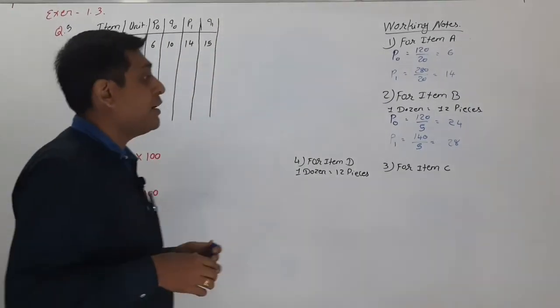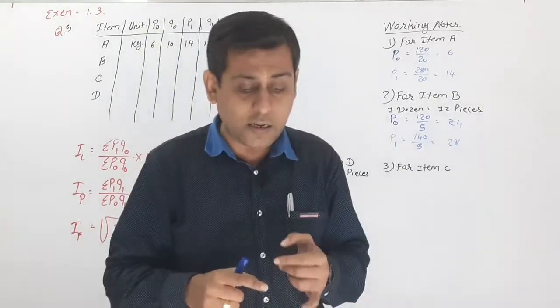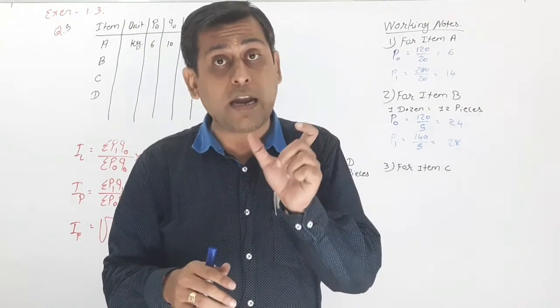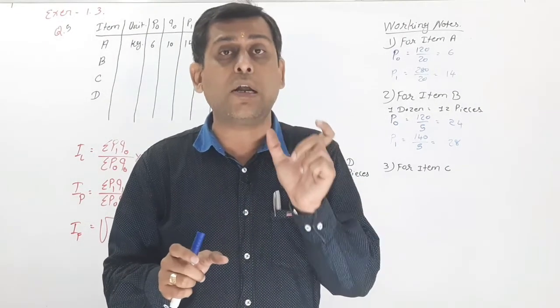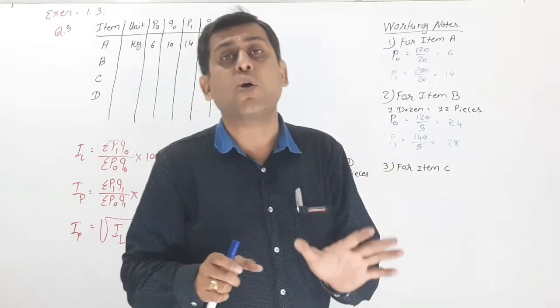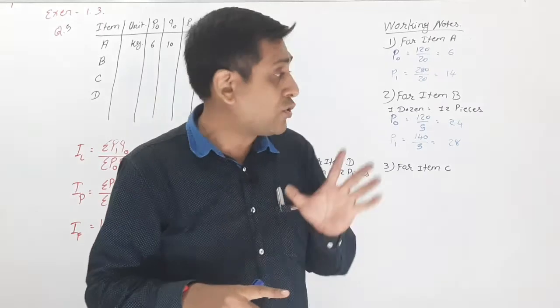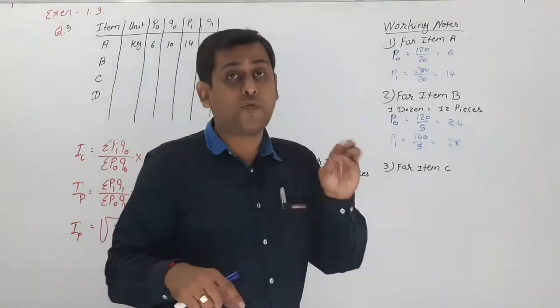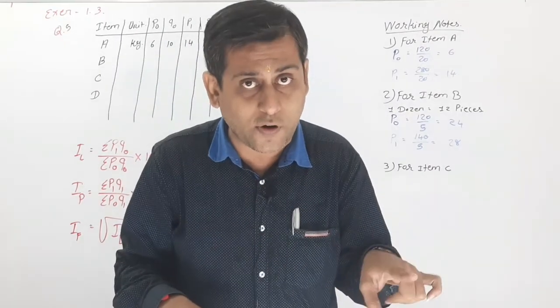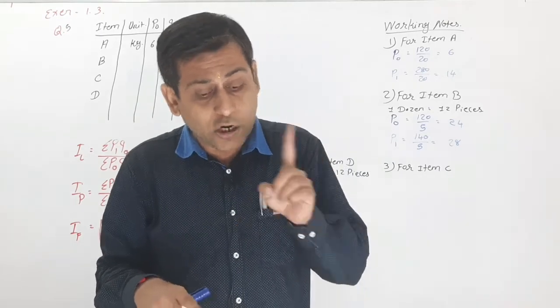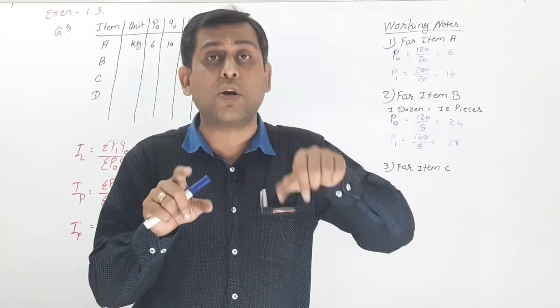Okay, and now see in the quantity and price, I told you that only one will change, in quantity or in price, but here the change is there because 5 is the extra amount given, right? And in the quantity column there are 2 different quantities given.